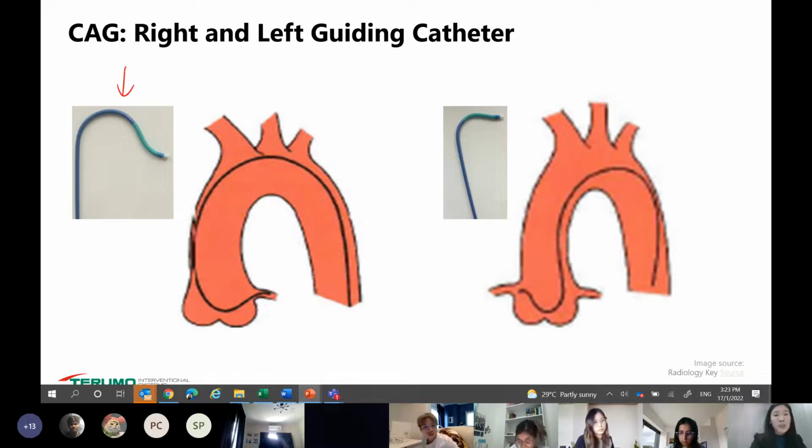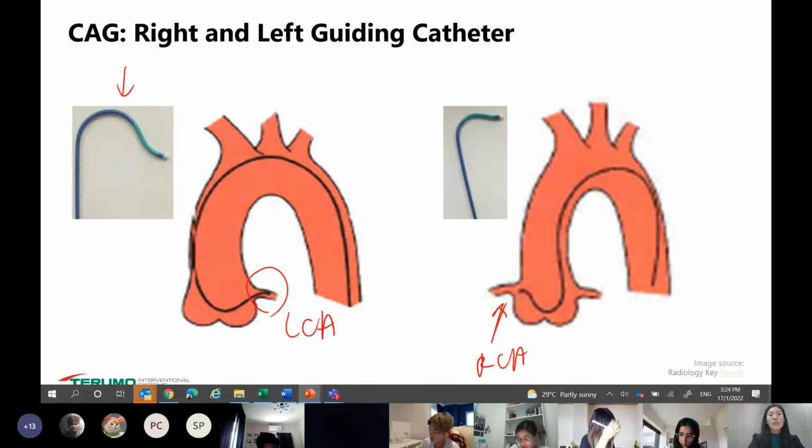They actually have these shapes because they need to be engaged to the coronary ostium. And to go to the left and to go to the right, it's actually a different shape. So that's why, this is your LCA, this is your left coronary artery, and this is your right coronary artery. When they move between these, they will have to change diagnostic catheter.